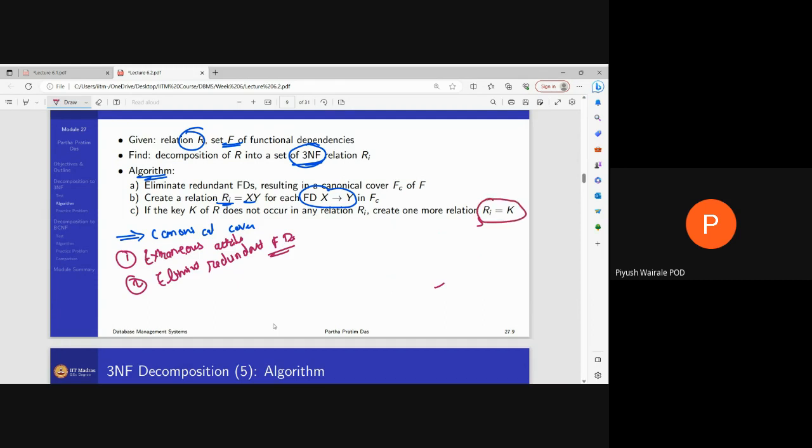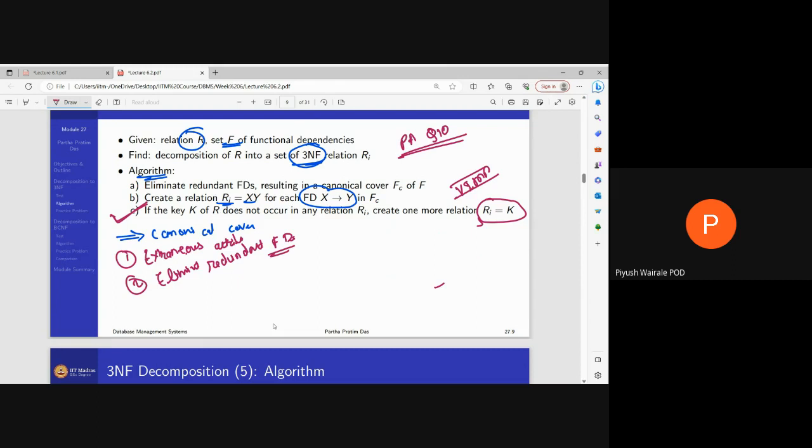So this condition is very important. As I said, practice assignment question number 10. Try to follow the method I discussed right now, and this condition is applicable there. So if the key of R does not occur in any of the relations Ri, one more relation Ri should be equal to k.